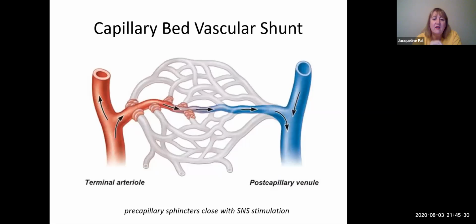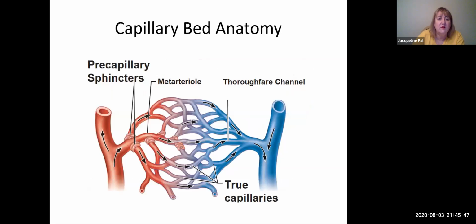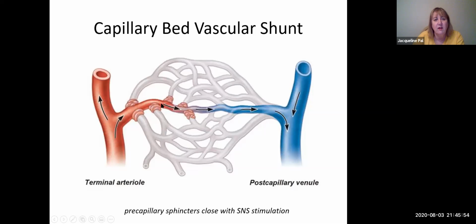But when all those capillary sphincters are closed, as what happens with, once again, sympathetic nervous system stimulation, that causes all these sphincters to contract, so no blood goes into the capillary bed. Instead, that blood will stay in that main capillary known as the mid-arteriole, right here, and continue on the venous side of what's called the thoroughfare channel.